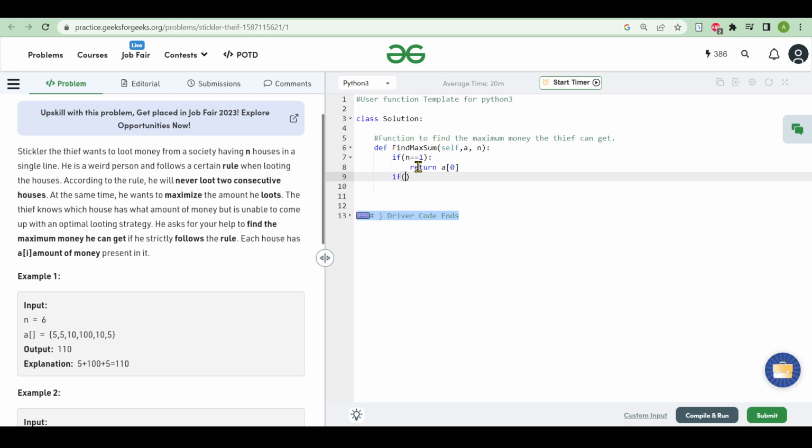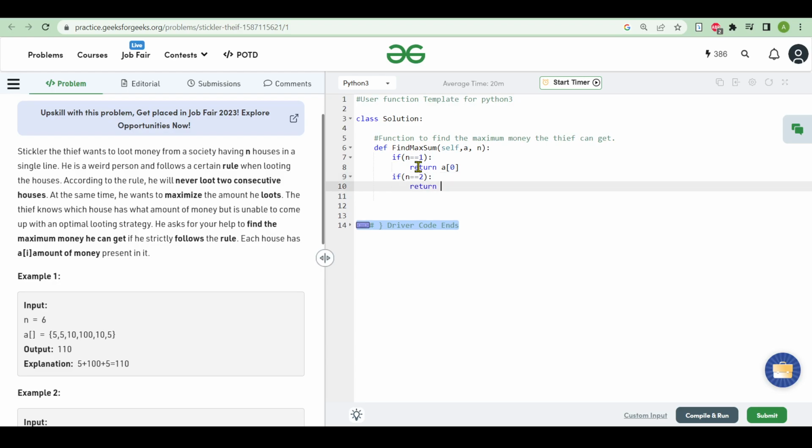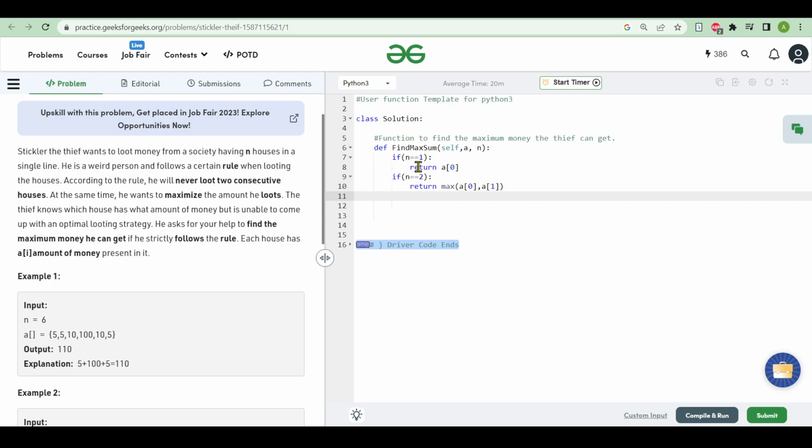And if there are two houses, then the thief will rob the house that has the maximum amount, that is max of A0 and A1. And after that, I will apply my loop for calculating the maximum amount for the rest of the houses.